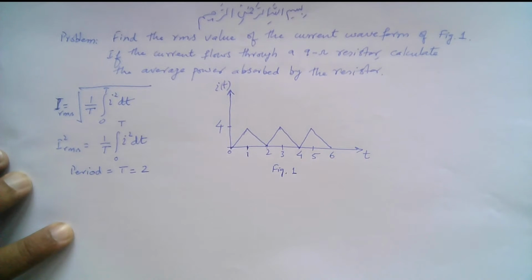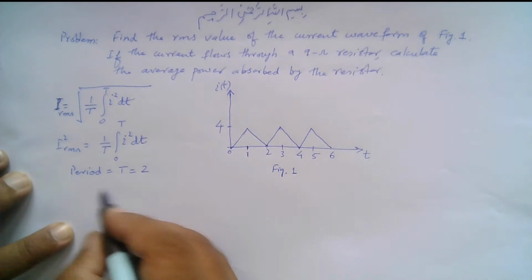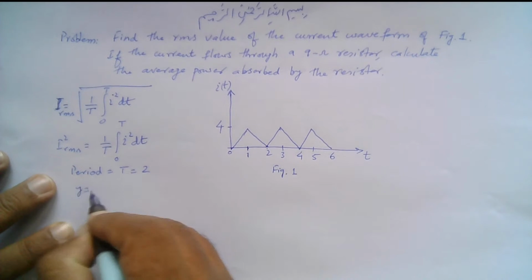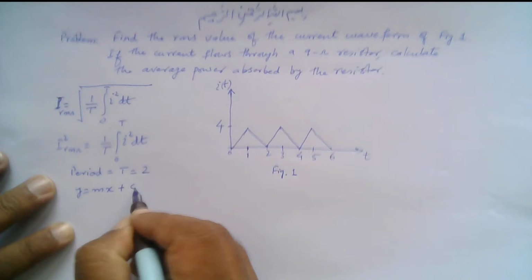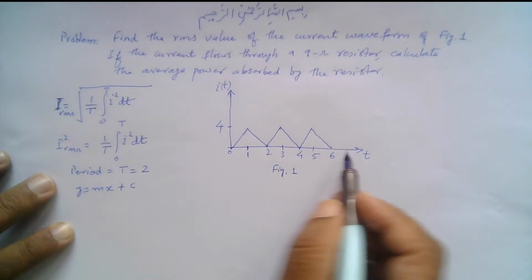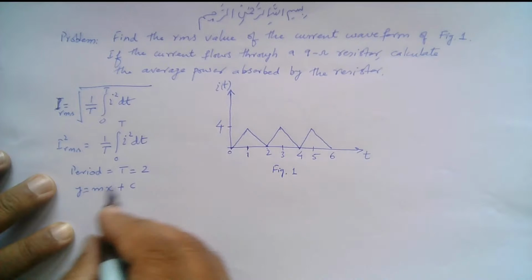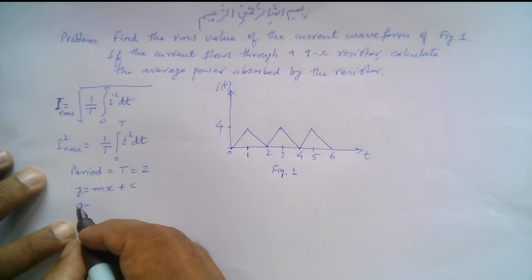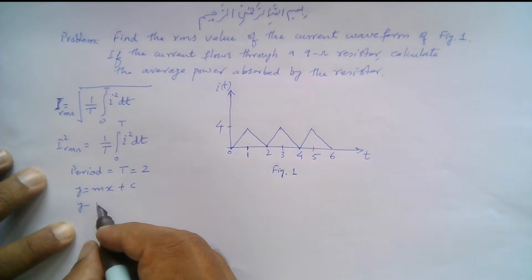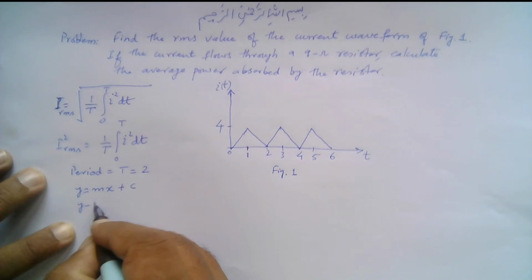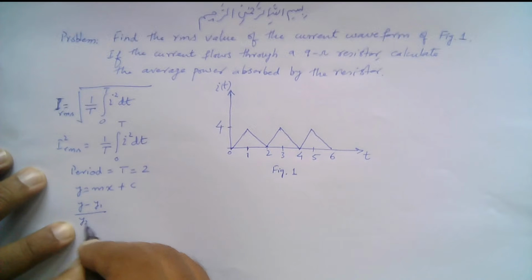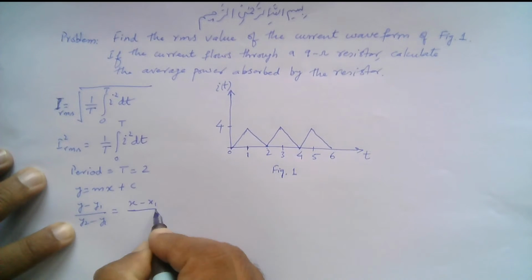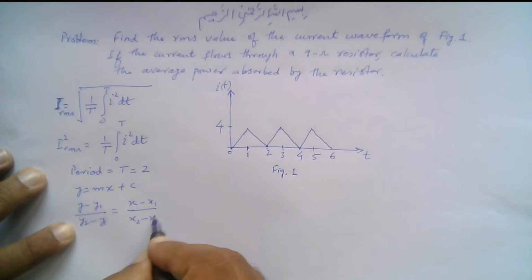So the equation of a line can be found in many ways. For example, we can use two formulas. y is equal to mx plus c, where x is along the horizontal axis and y is along the vertical axis. Or we can use (y minus y1) over (y2 minus y1) is equal to (x minus x1) over (x2 minus x1).